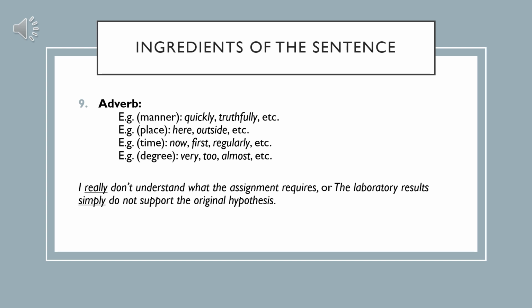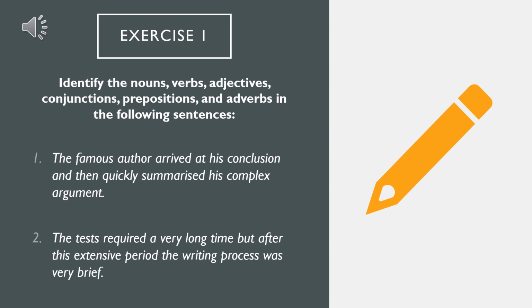Now that you have the basic ingredients of the sentence, let's move on to your first exercise. In this exercise, I'd like you to write out the following sentences. When you've done that, see if you can identify the nouns, verbs, adjectives, conjunctions, prepositions, and adverbs in each.